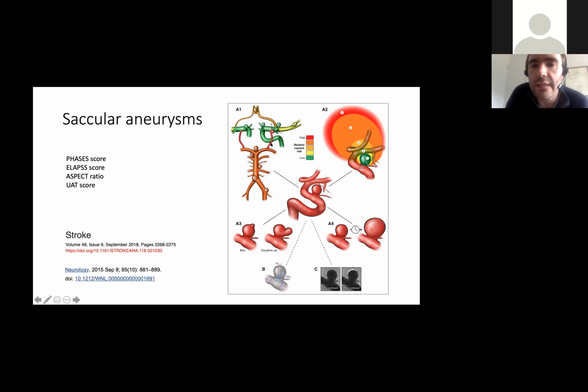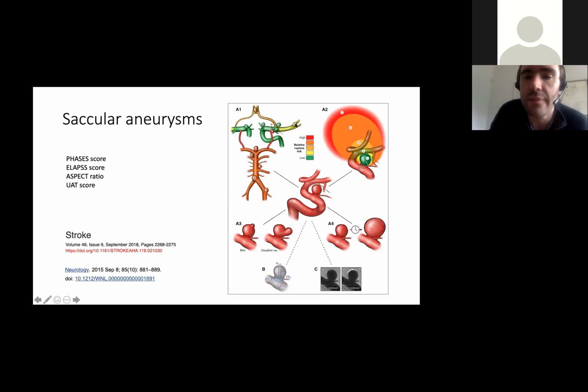Lower risk is things like the parophthalmic aneurysms. The ACOM is a medium risk. MCAs are on the lower end of the spectrum. Vascular is kind of an orange, medium to high risk.